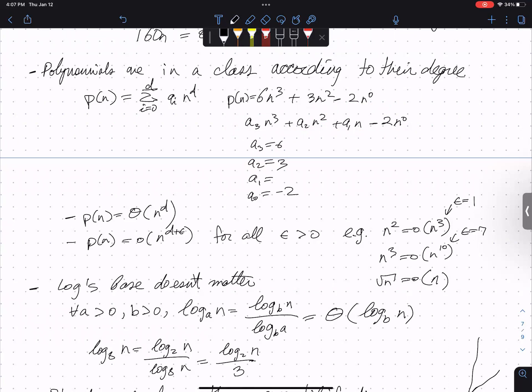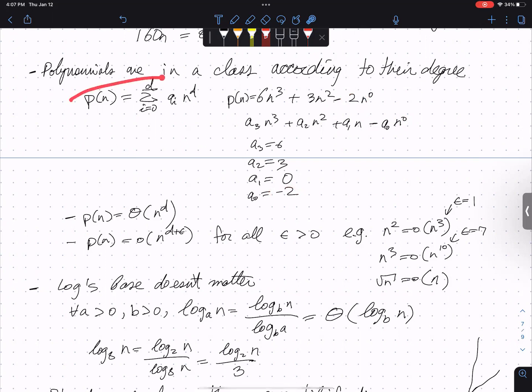Then I got a1 times n. And here there's no n term. So a1 is just 0. Finally, I got this n to the 0 term with coefficient a0. And a0 in this example is -2. So these are my coefficients.